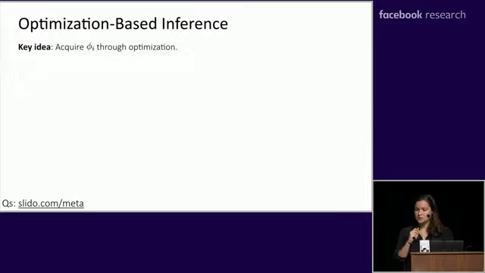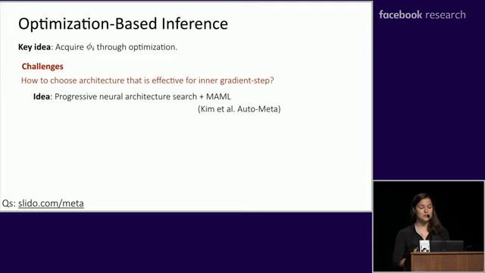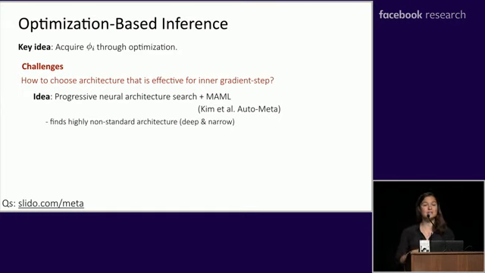Okay, so now that we've talked about optimization-based approaches, let's go through a couple challenges with them. So one challenge is how do you choose an architecture that's effective for embedding this inner gradient descent procedure? And one way to do this is to do architecture search. And one of the interesting things that was found in this paper is that highly non-standard architectures that were very deep and very narrow were quite effective for use with MAML.